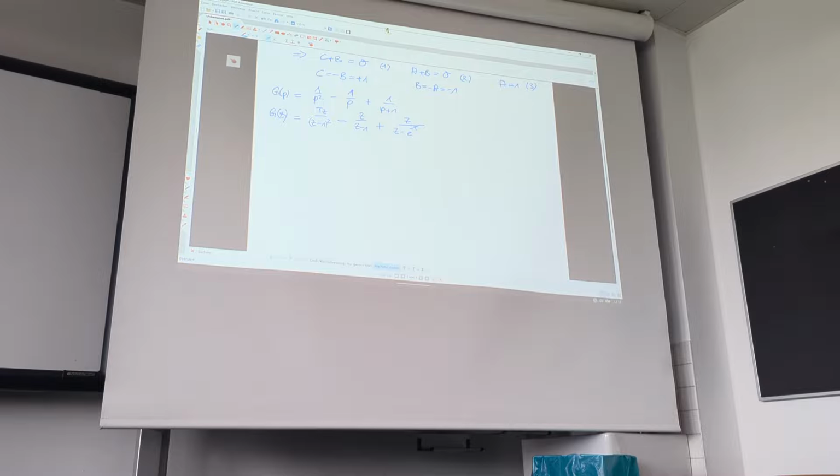The sum of the terms in the Laplace domain transforms to the sum of the individual terms in the Z domain. This way we found the Z transform for the transfer function. Any questions?